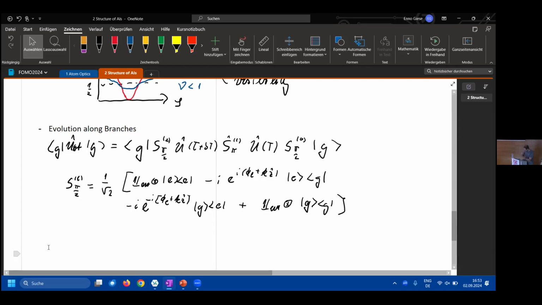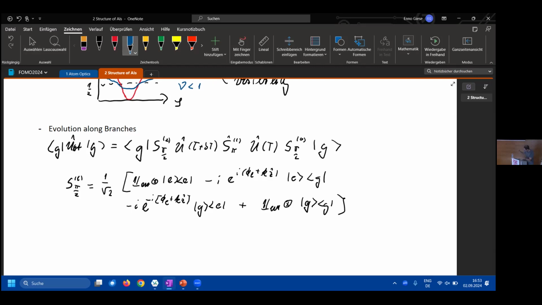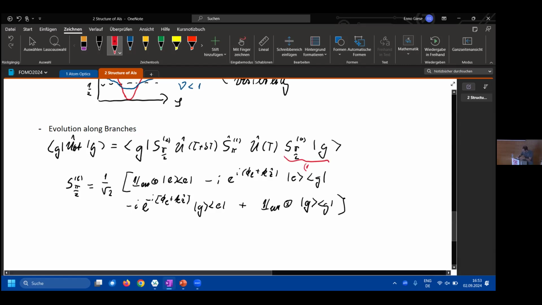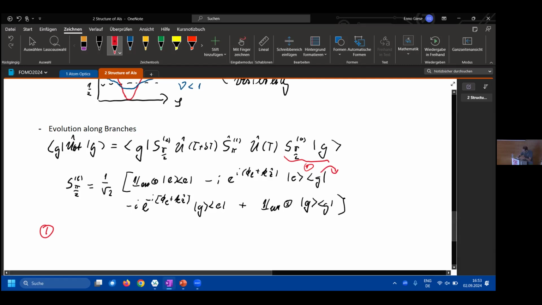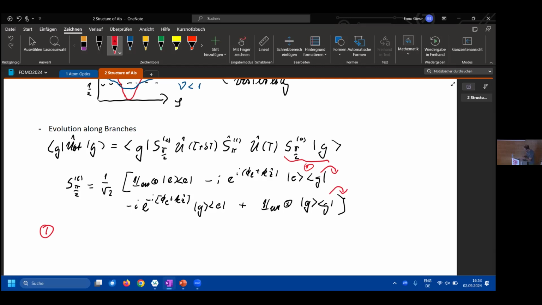So let's just talk about this contribution here. And this will be contribution 1. So in this little calculation, what happens? You come in with the ground state. So nothing happens on the top left. But of course, this ground state will act on the ground state. That's effectively what we calculated so far.